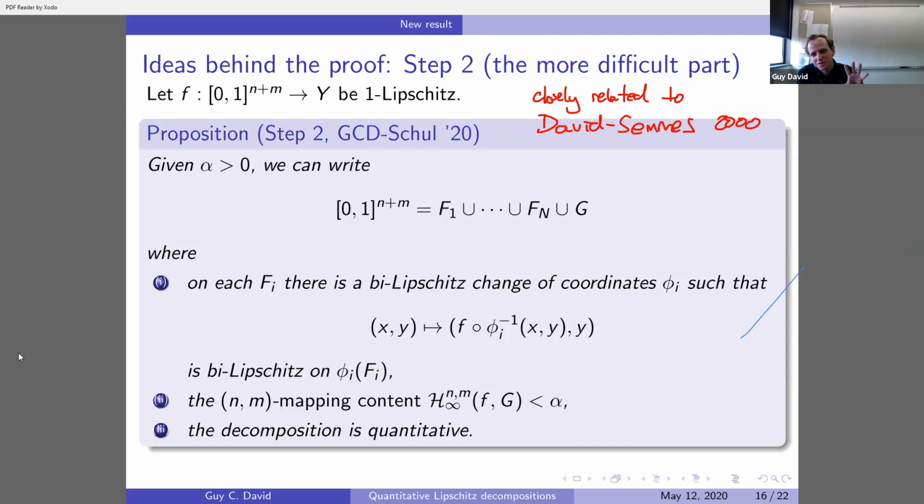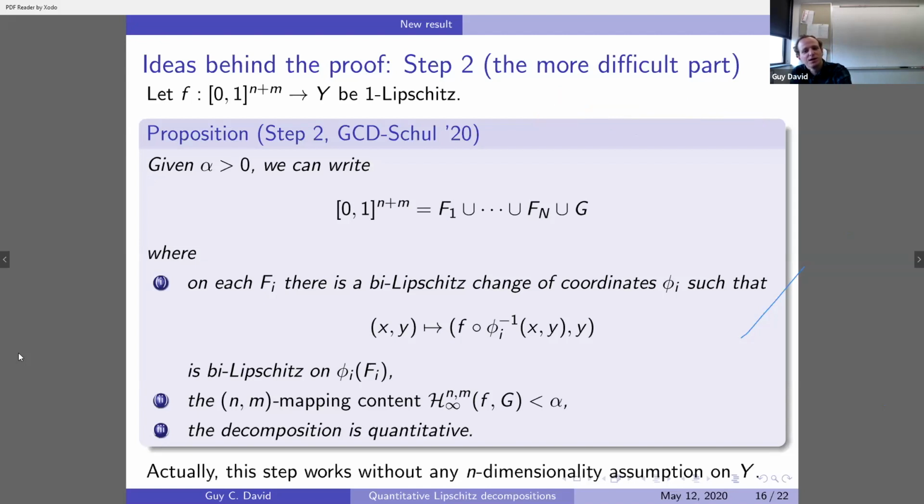They studied a certain subclass of Lipschitz mappings called regular mappings, and they sketched some ideas which are very similar to the ideas that I'm going to show you. So we were not the first people to use these ideas, but this is a little bit more general. Maybe one last remark before the proof is that this step doesn't require anything about this target space Y. So this step actually says something about Kaufmann's example.